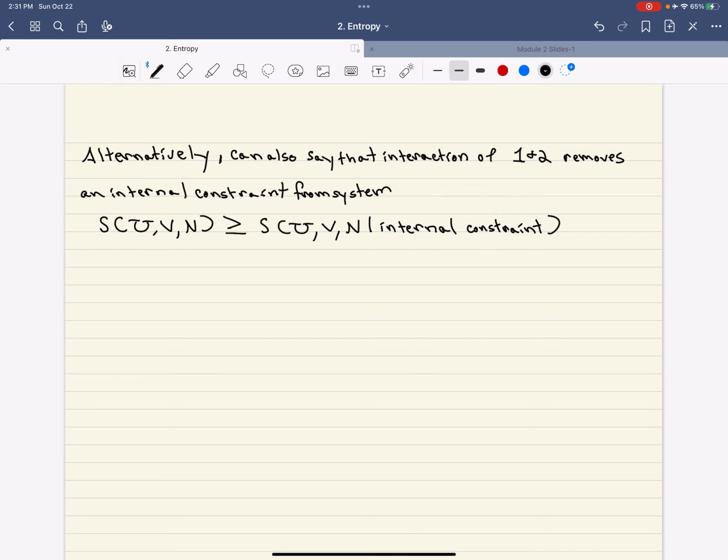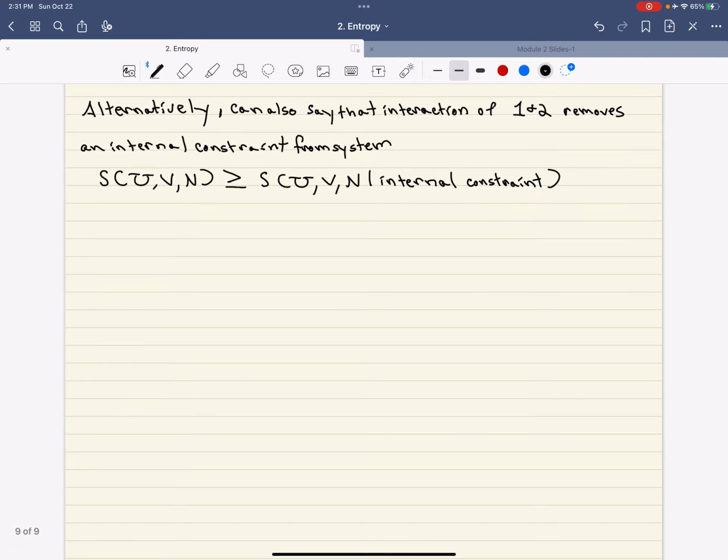All right, and in fact, that's an alternative but equivalent definition of the second law of thermodynamics. Okay?